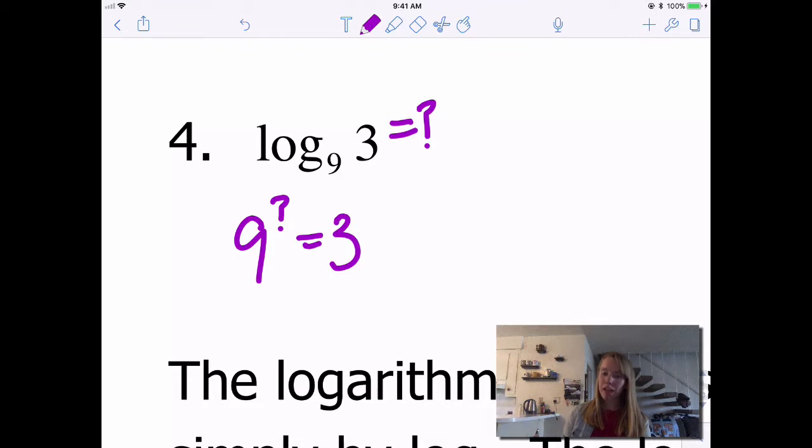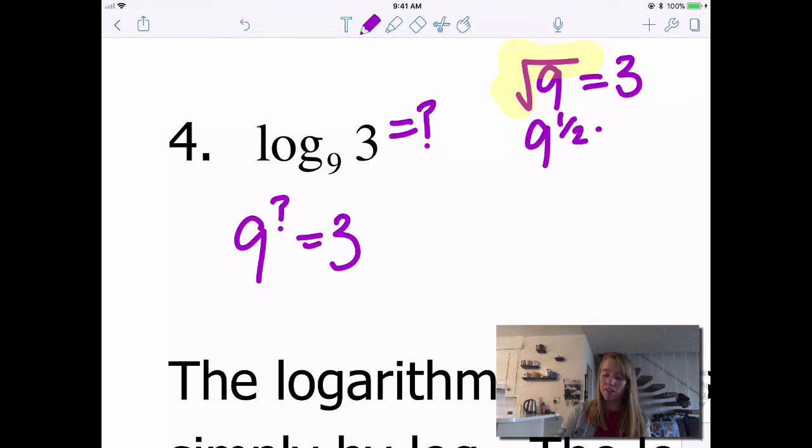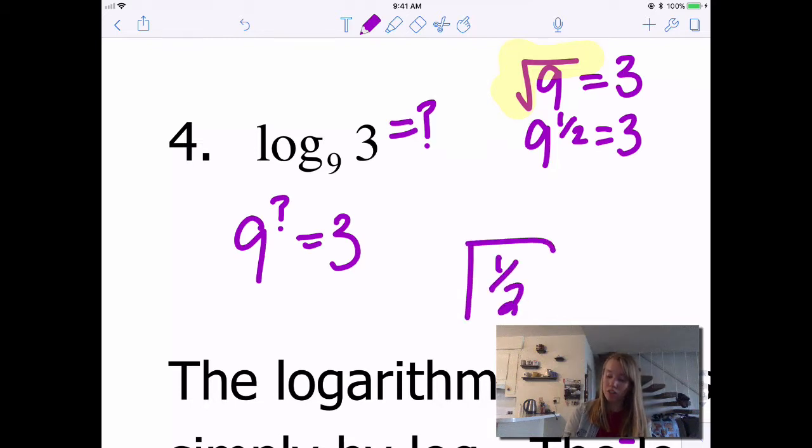You can remember from last chapter that how I get from 9 to 3 is by taking the square root of 9. But what power is the square root? If you remember, that is the 1/2 power. So my answer is just 1/2. So log base 9 of 3 is just 1/2.